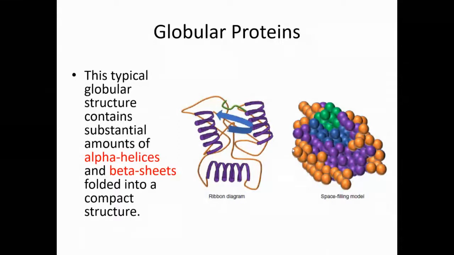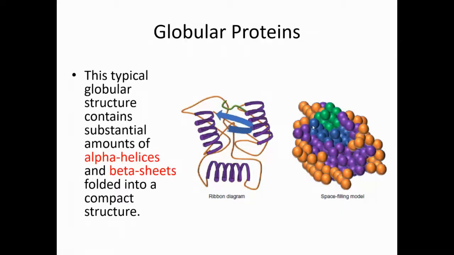And the globular proteins are like this. Their shape is spherical, which is why they're called globular proteins. They are the most abundant proteins in nature, and they exist in an enormous variety of three-dimensional structures.